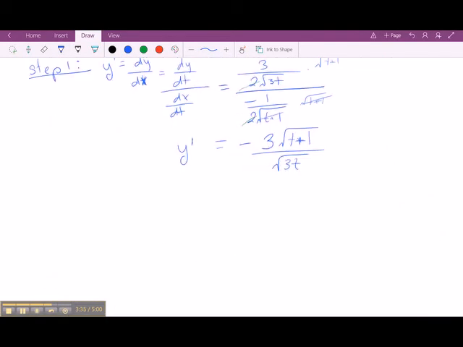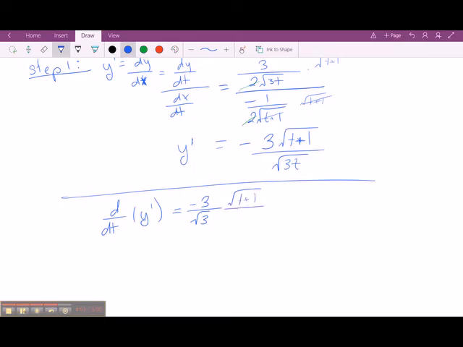So my second step is to find the derivative with respect to t of what I just found. I'm going to call that negative 3 over square root of 3. I'm just going to put the constants out in front. And then I've got square root of t plus 1 over square root of t.